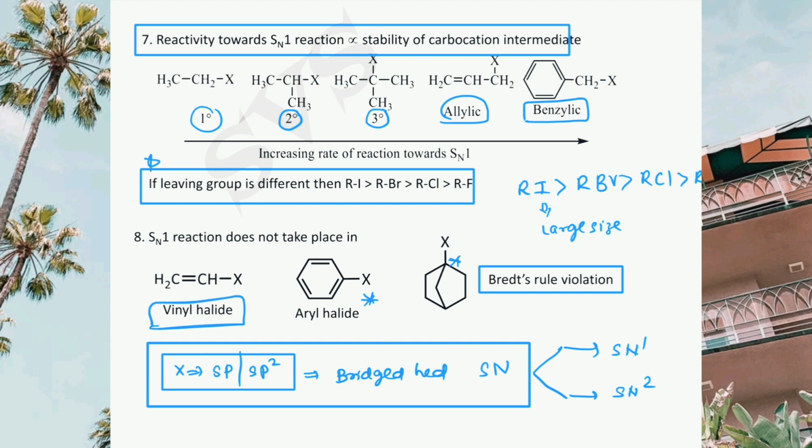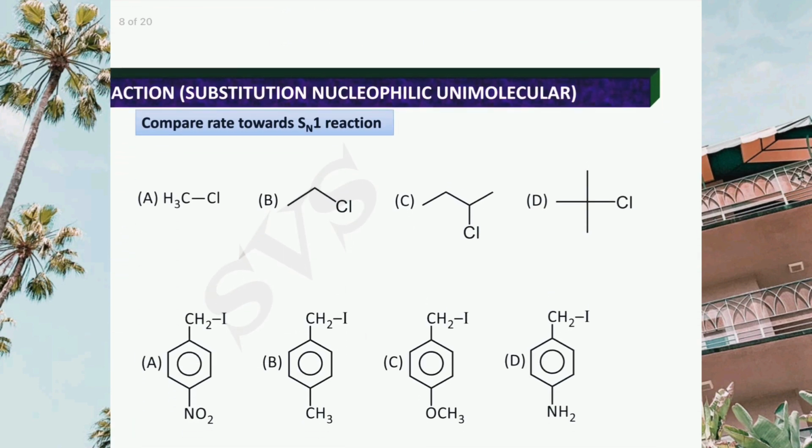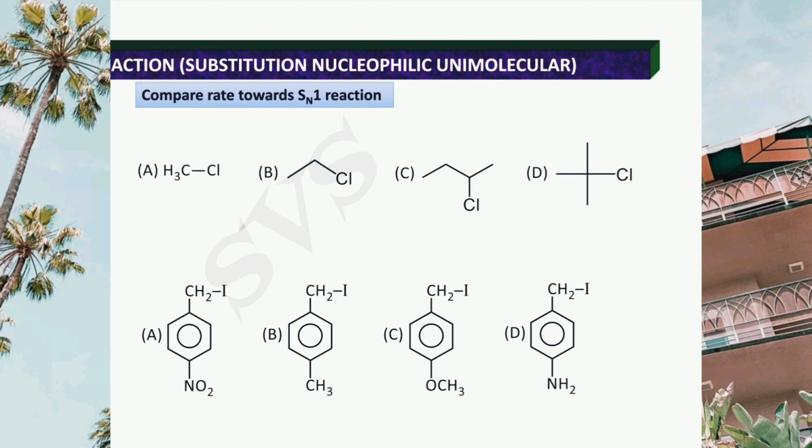This is vinyl. SN1 does not take place. So finally, what we have to remember, dear? For SN1, remember tertiary alkyl halide, stable carbocation, polar protic solvent.